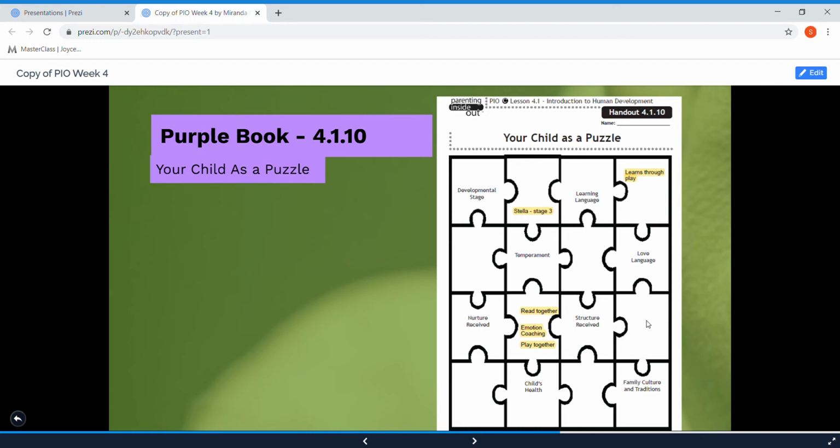I could probably put some stuff in here, but I just thought I'd wait. Child's health: I do know some things I could put in here, even though we haven't covered it yet, but I'm just choosing to wait. You may not choose that. And then family culture and traditions, we're going to cover that during week 5, and so we'll be able to fill that out then.